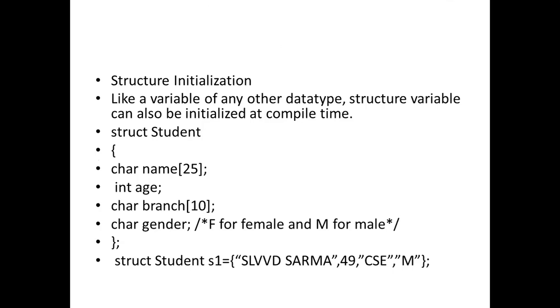Up to now, we know how to declare a structure variable. Now, we know we can declare a variable x of type integer, int x. At the time of declaring a variable, we can give an initial value, like int x equal to 10.